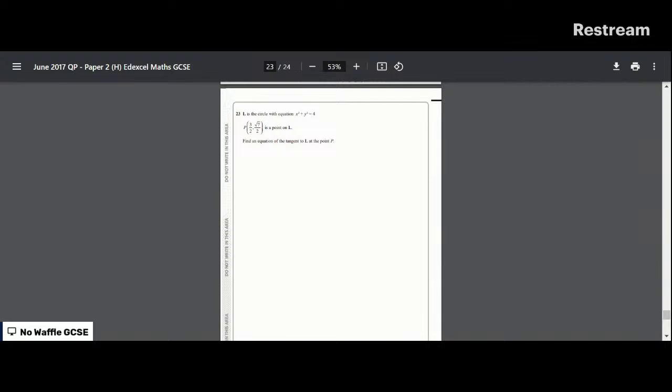So to get c, we plugged in the point because we know that on this tangent, we're given one point that we know is definitely on it, and it's the point on the circle. So the point on the circle is 3 over 2, root 7 over 2. And you then plug that into what we now know as the equation, just without c. So you plug in the y value, you plug in the x value, and then you'll find out c.